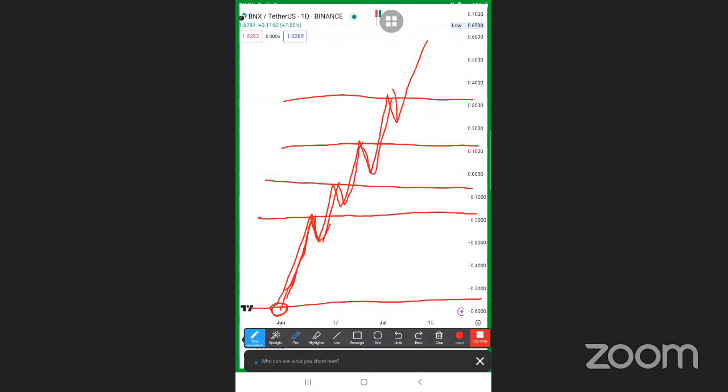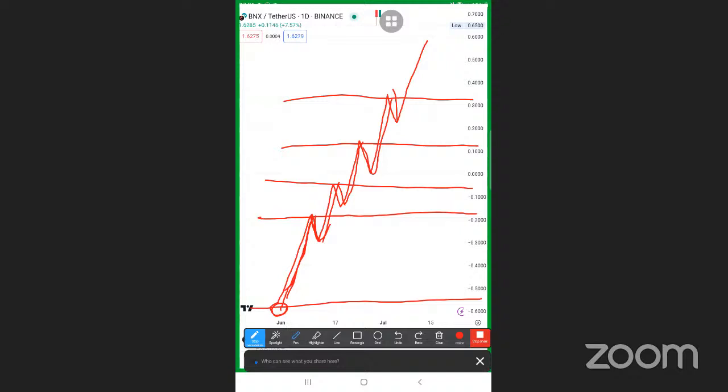All right. So when you come and understand how to draw your line of support and your line of resistance, you are going to be able to catch these moves that are being created by the market.